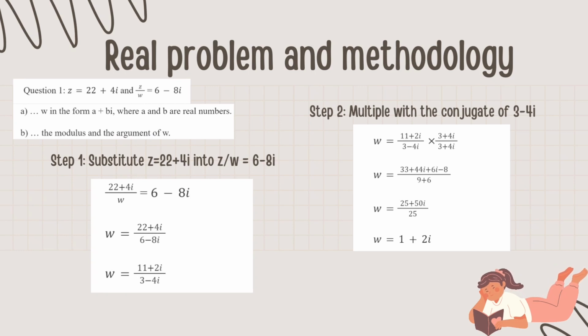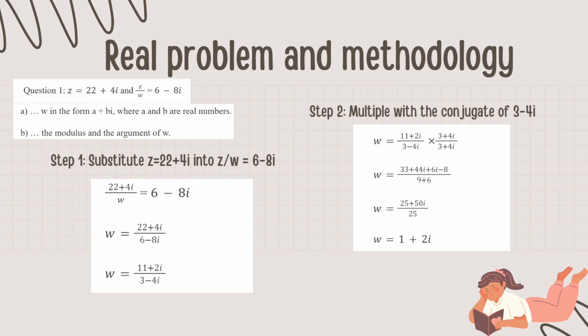The question is given z equals 22 plus 4i and z per w equals 6 minus 8i, w equals a plus bi. We should substitute z equals 22 plus 4i into z per w. To substitute, we get w equals 22 plus 4i per 6 minus 8i.